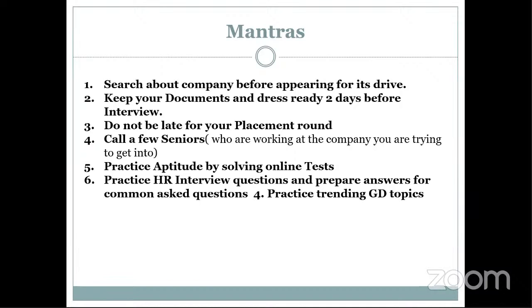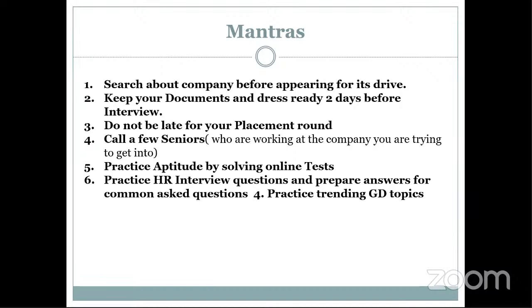If you are in the HR round and they ask you to come in and you then go to the washroom, then the bathroom, then you are combing your hair, it is not a good sign. So do not be late for your placement round. You should be mentally and physically ready everywhere whenever they ask you to go here and there for appearing in the further rounds.